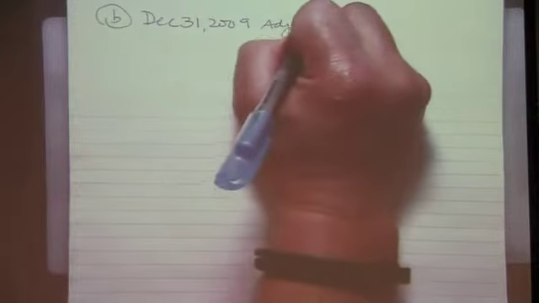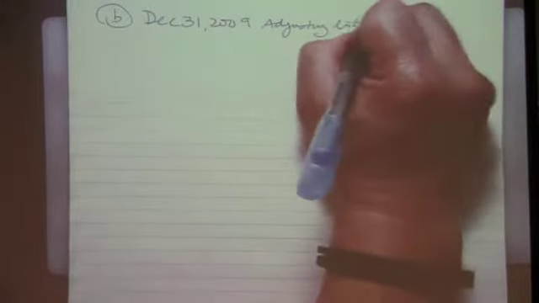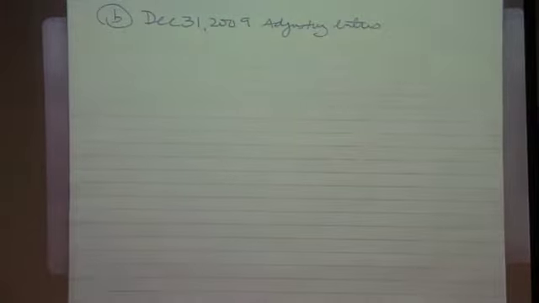So that's the second part of the question. What are the adjusting entries on December 31st?